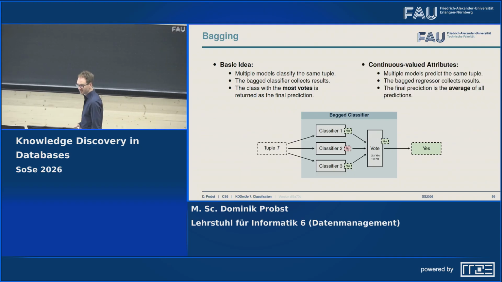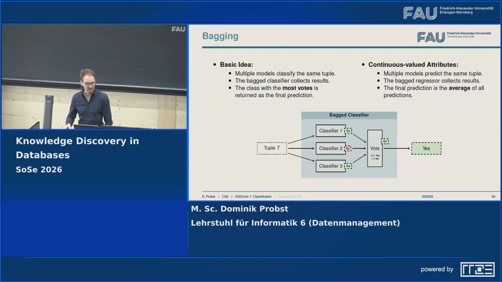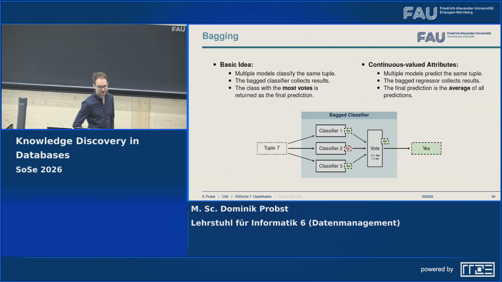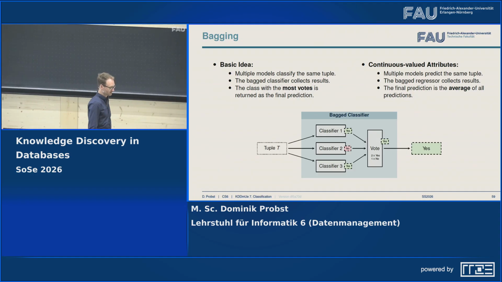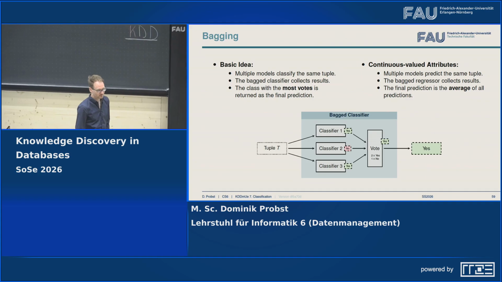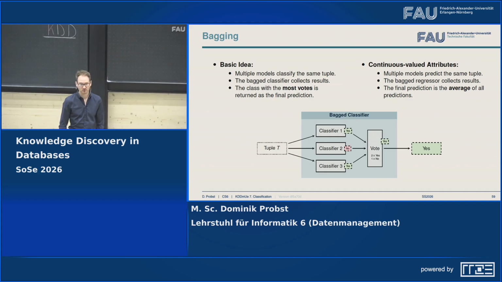For continuous valued attributes, of course, you have to find a way as well. You can still have multiple models predicting the same tuple, and you can still use these results in some way with a vote. Basically, you're using the average of the predictions.